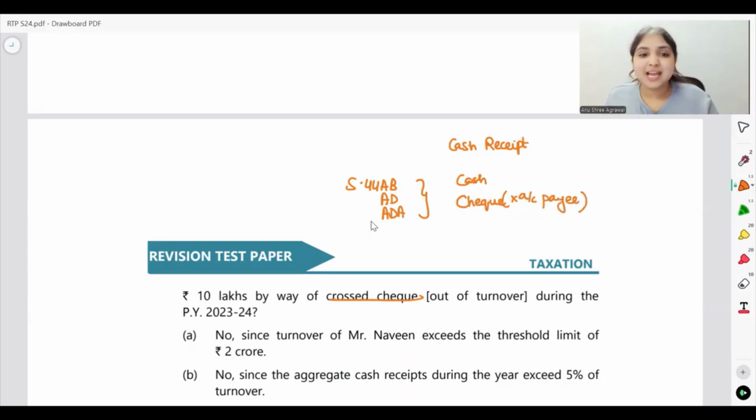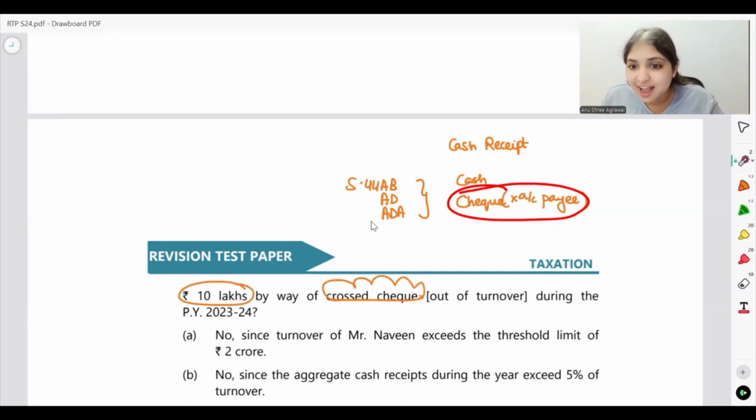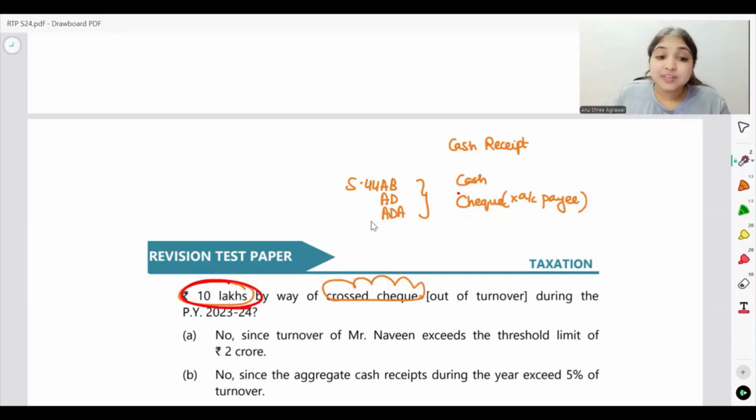So here if you see, I have received 10 lakhs by way of crossed cheque. So a crossed cheque is any cheque other than an account payee cheque. So even 10 lakhs will be considered as what, guys? Even 10 lakhs will be considered as cash receipts.